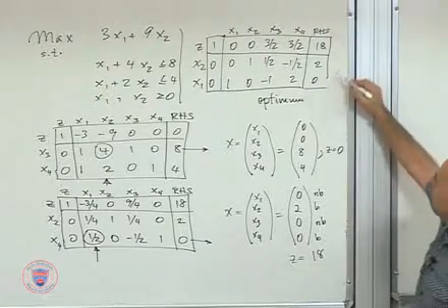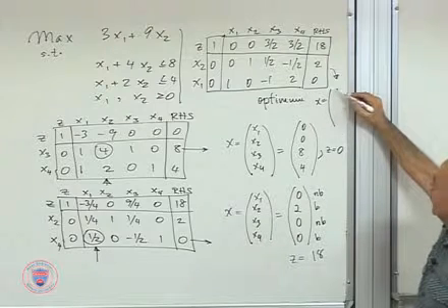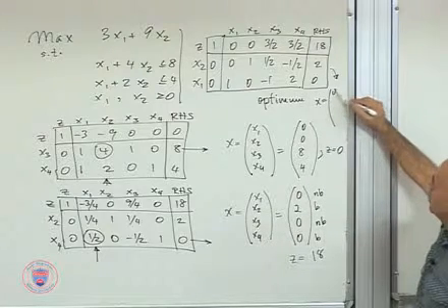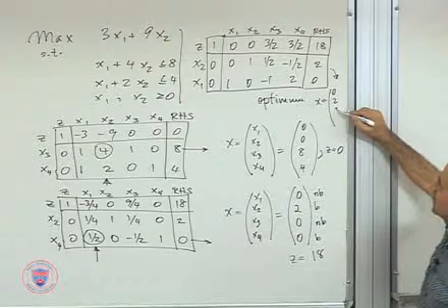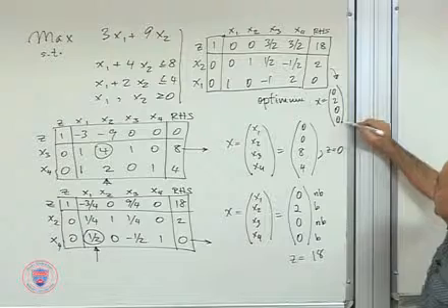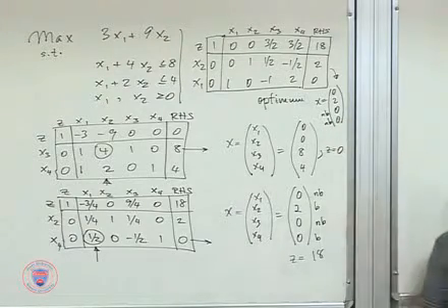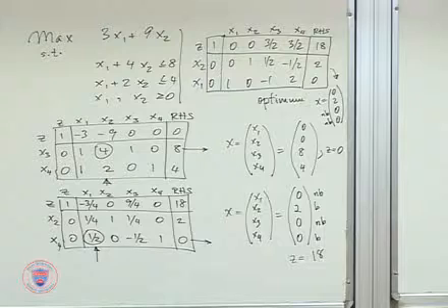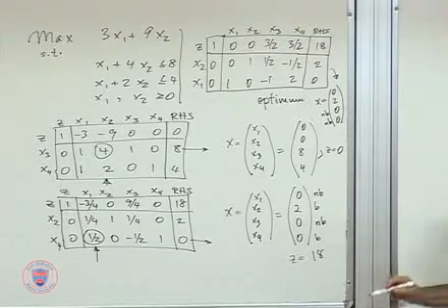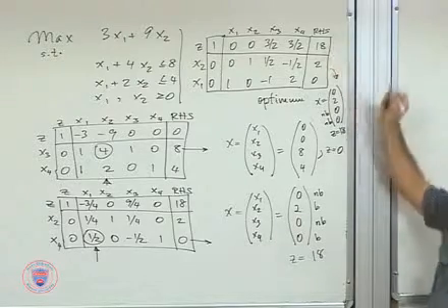The solution here for the last one, x equals, again, x1 equal to 0, x2 equals 2, x3 is 0, x4 equals 0. In this case, the non-basic ones are the last two components. The first two components are, of course, basic. And the objective value for this one is also 18.